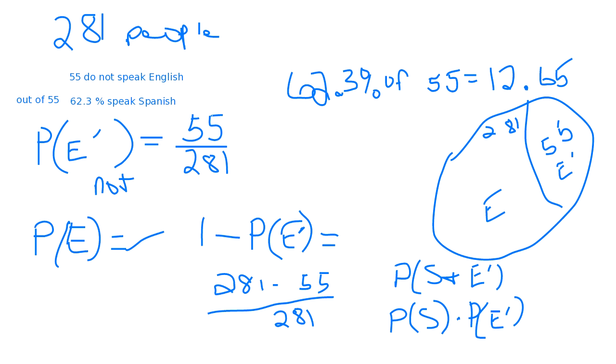Okay, so I think I multiplied something wrong. Let me check this. I think I multiplied that wrong. 62.3. This is point.